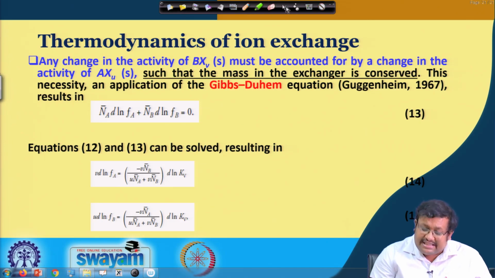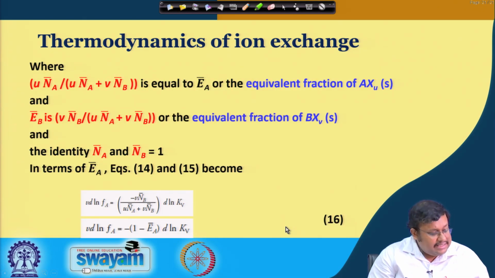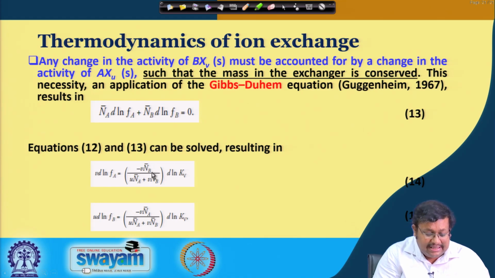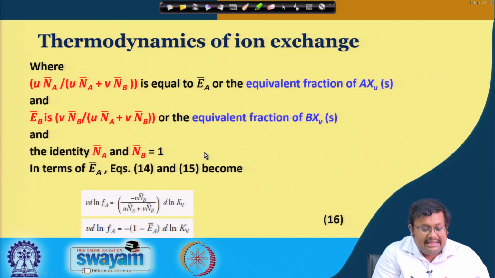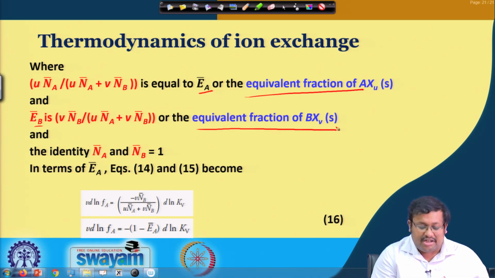Now, from equations 14 and 15, one thing is clear: NB by NA plus NB and NA by NA plus NB. This NA by NA plus NB is basically EA, which is the equivalent fraction of AX, and EB is the equivalent fraction of BX.